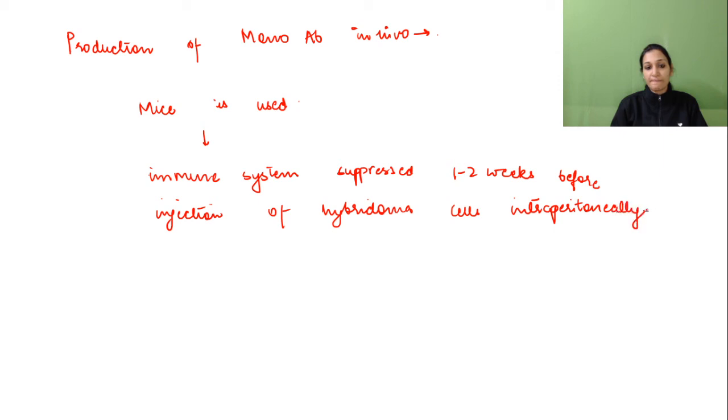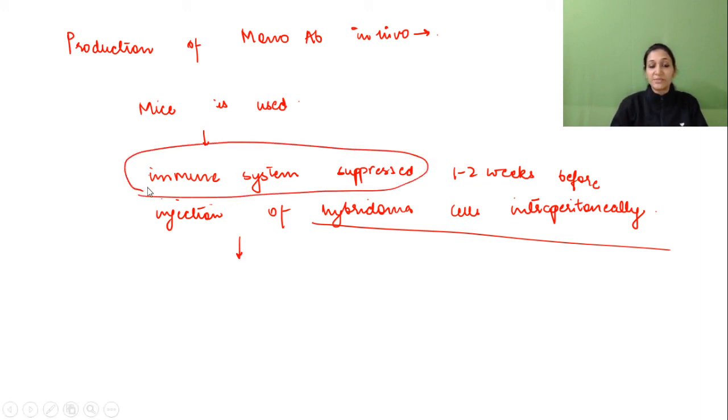Injection of the hybridoma cells is done intraperitoneally. Remember this also. And remember, the immune system is suppressed so that the cells we are introducing do not elicit any kind of immune response.